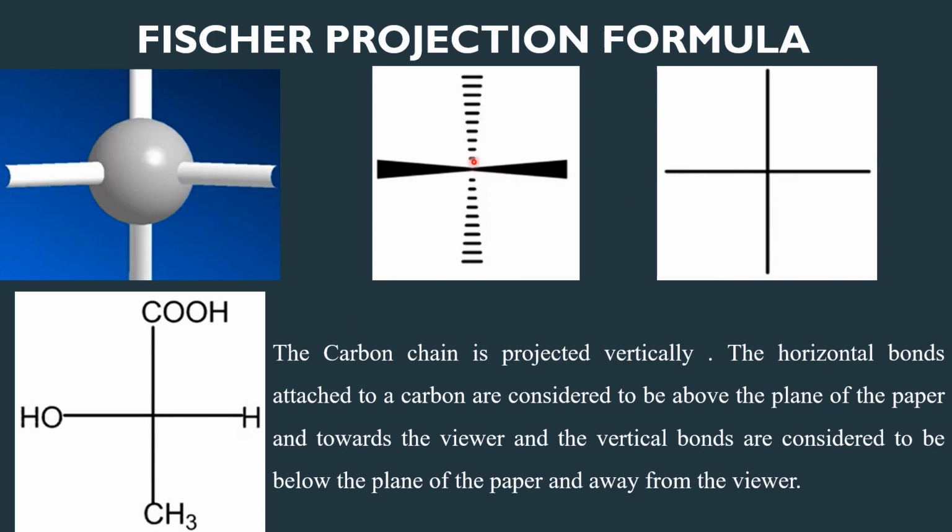And the vertical bonds are considered to be away from the plane of the paper or away from the viewer. So these two bonds are below the plane of the paper and they are going away from the viewer. That is why they are shown with the hatched wedges or dotted wedges in the flying wedge formula, and that is shown in the vertical line here.